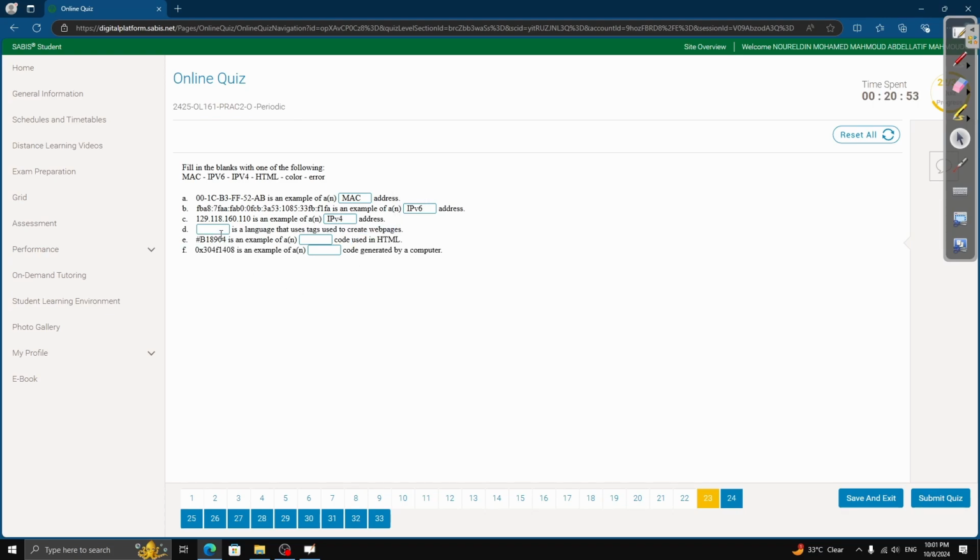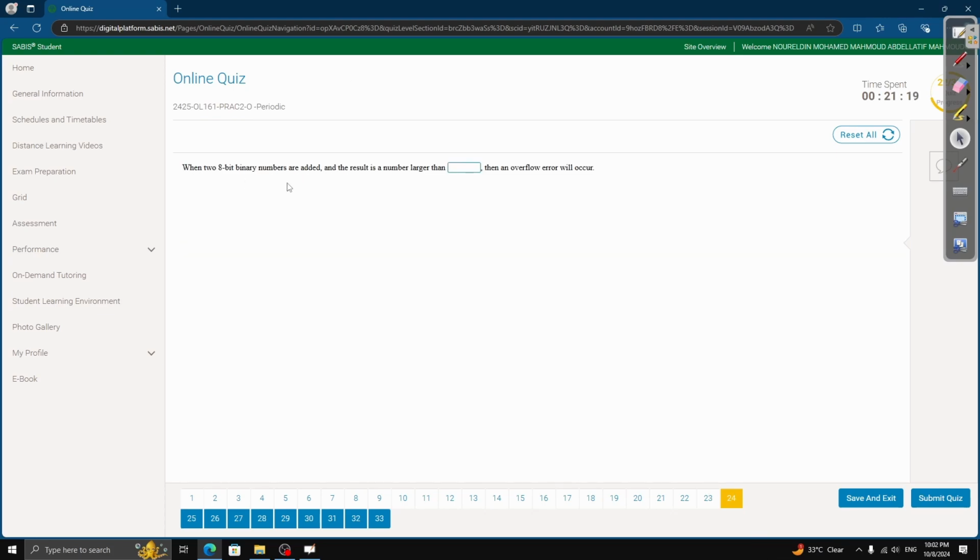This one you should remember from previous year's HTML. Hashtag B18904 is an example of color codes. These codes are usually used in HTML as it says here. 0x3041408 is an example of an error code. You can also tell this is an error code because it's the final option we haven't used.